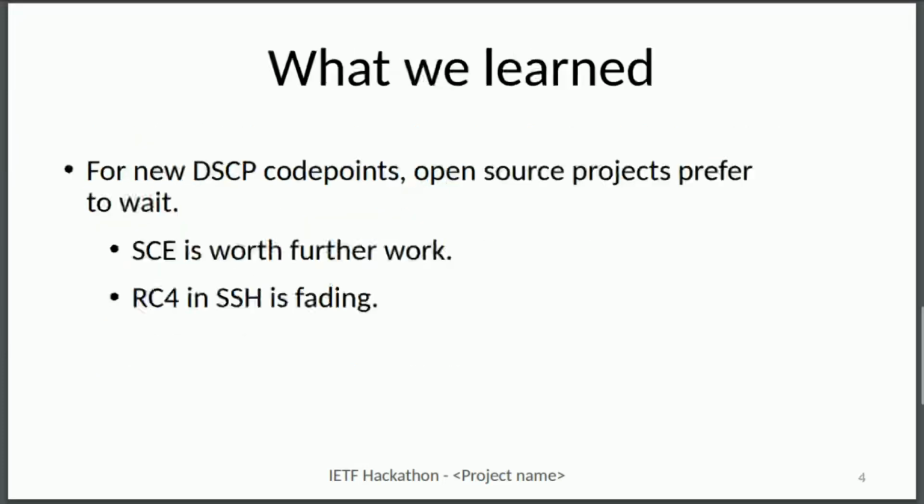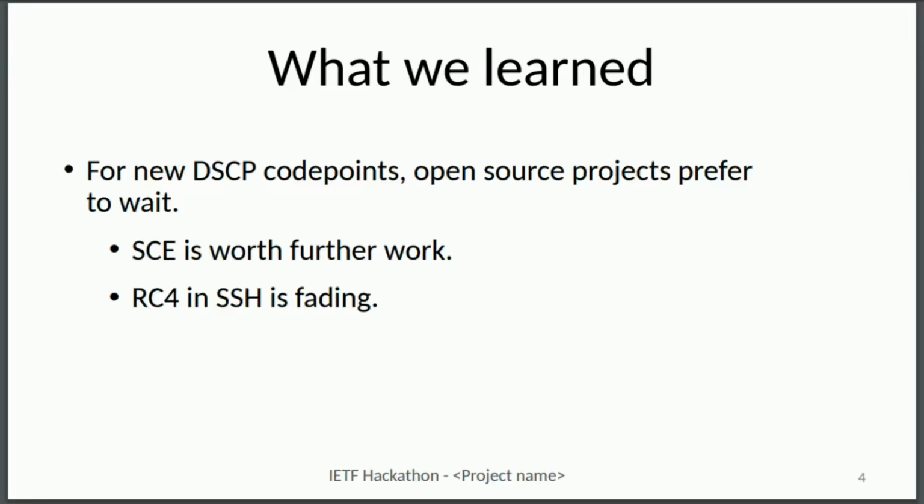So next slide, please. What we learned basically was open source projects tend to want to wait for new DSCP code points to become RFC before accepting patches. That's the case for SSH, so we wanted to wait. RC4 in SSH is mostly fading away. We've not seen that many cases of open source projects still shipping with it.